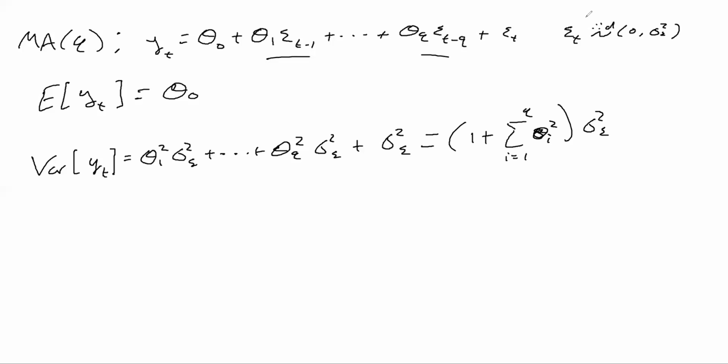And now let's put it all together for an ARMA, for an autoregressive moving average process of order p and q. So this is for a general ARMA process or ARMA model.